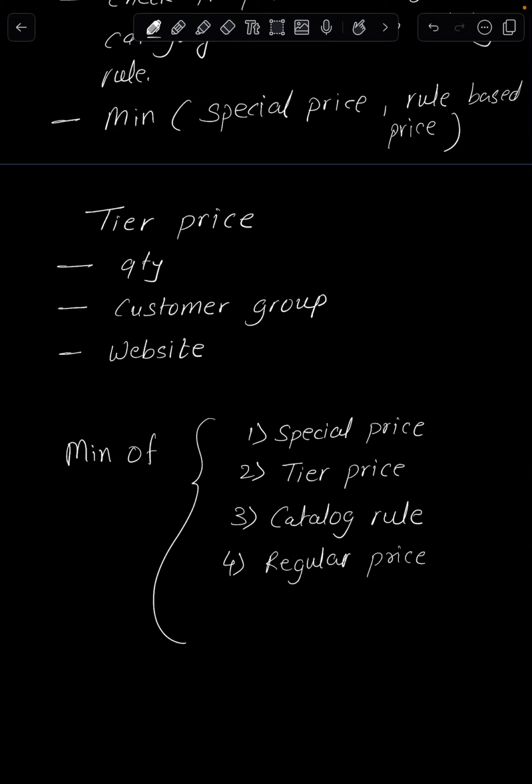And while displaying the prices on the front end, for example, a lot of stores display minimum price and regular price. To do that, you will need to calculate the minimum of regular price, catalog rule, tier price, and special price, right? And this is not the complete complexity yet. There is one more layer that we haven't discussed yet.